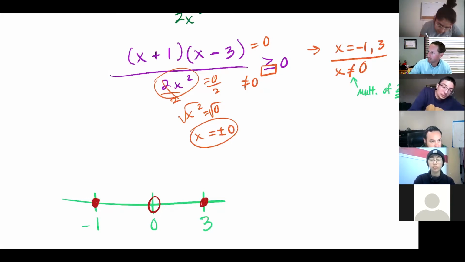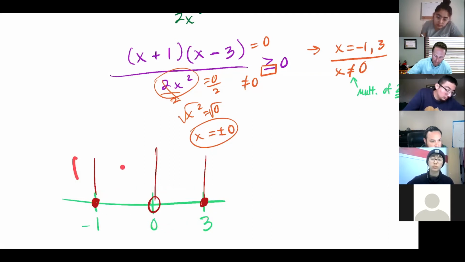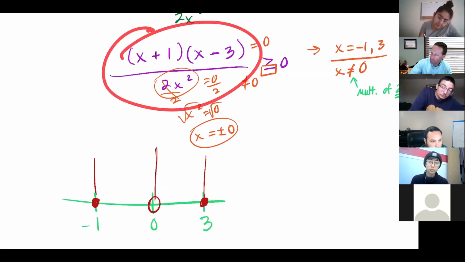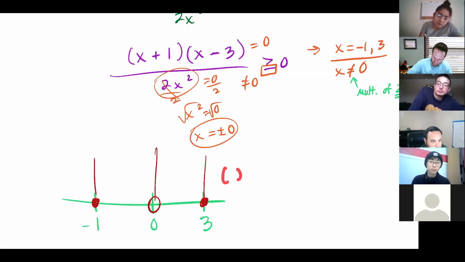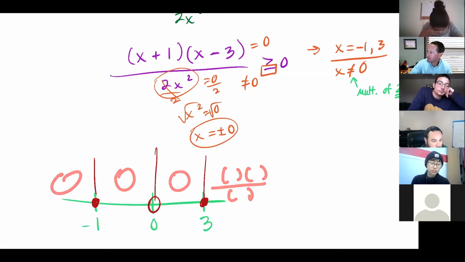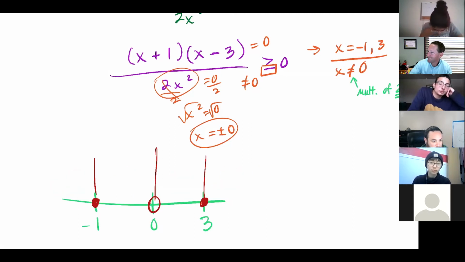And then what I like to do, just to cut it up so that you can see, with 3 points, it actually splits it into 4 sections or intervals. And do I literally have to test all of them for the top and the bottom to see if it's positive or negative for every single one of these? Some of you may have to, but not Ricky. He said, no, I don't have to, because I know about multiplicities.